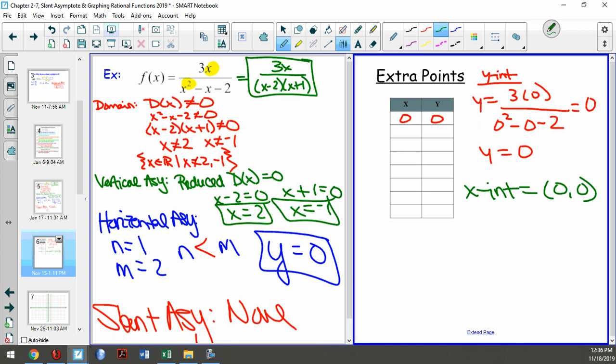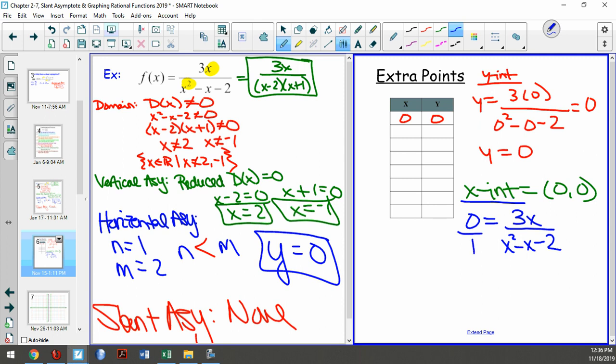Because in order for me to find my y-intercept, I'm letting x equal 0. When I found my y-intercept, it turned out that y was also 0, right here in red. You with me? Now, if it confuses you, go right ahead and find your x-intercept. Your x-intercept is whenever you let y be 0. So that's going to be 0 is equal to 3x over x squared minus x minus 2.